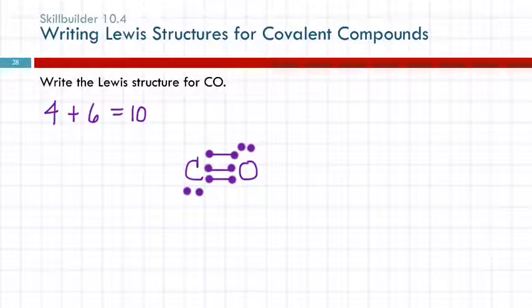So I've got 3 bonding pairs. So carbon counts 2, 4, 6, 8. Oxygen counts 2, 4, 6, 8. It's kind of awkward and ugly, right? So your first structure is going to be a little messy, then rewrite it neatly. So over here, I'm just going to rewrite that.